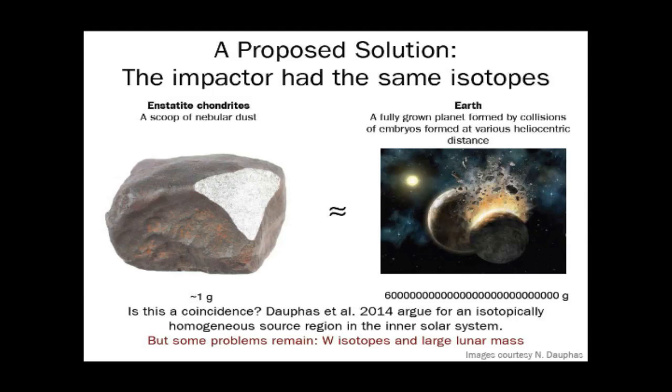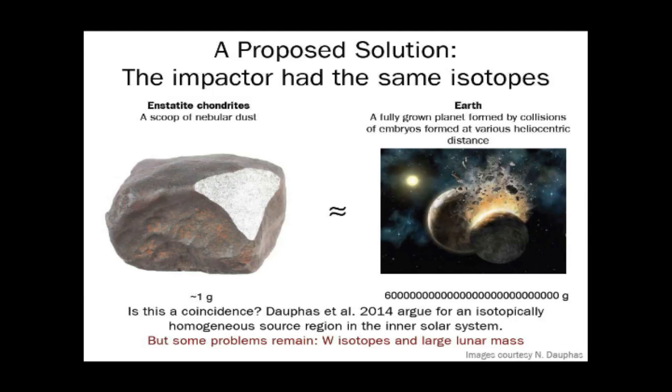We have a record of primitive bodies from the solar system that must be incomplete, in that there's no meteorite that looks like an Earth meteorite. Right? They all have something different about their chemistry or their isotopes. There is a class of meteorites called enstatite chondrites that have very similar isotopes to the Earth. Not identical, but very similar, and much more so than any other primitive meteorite group.